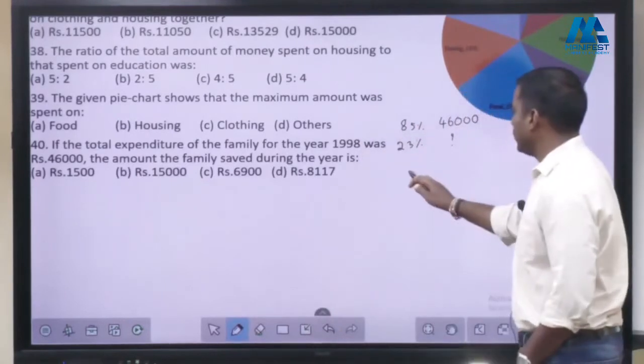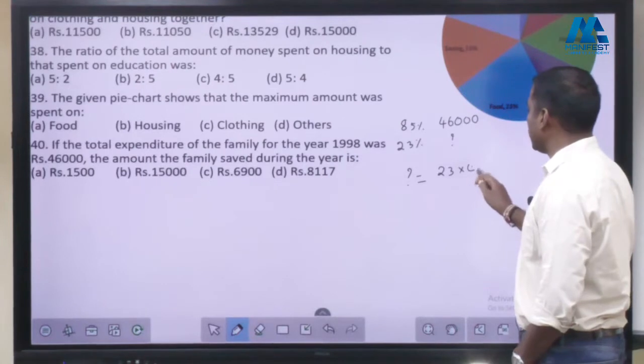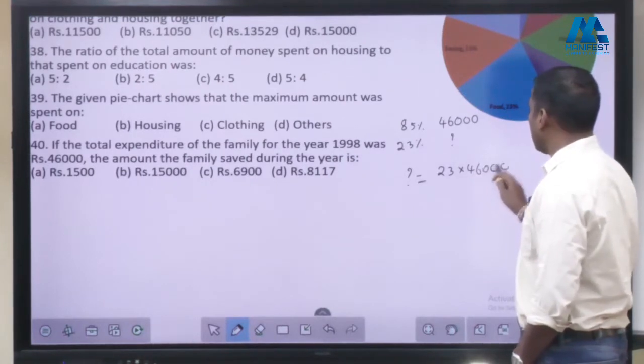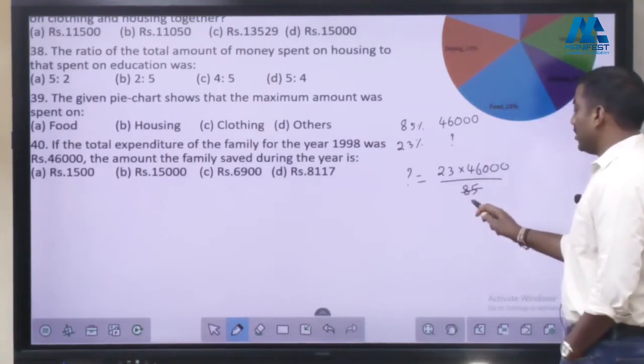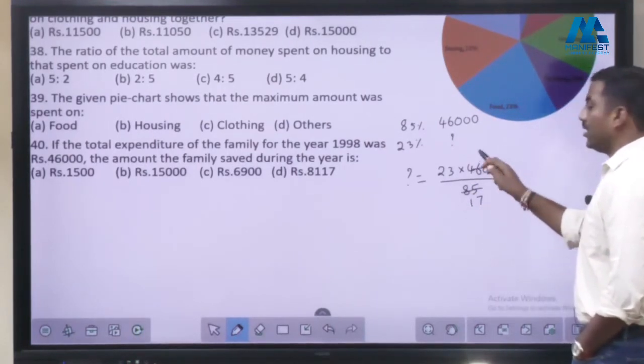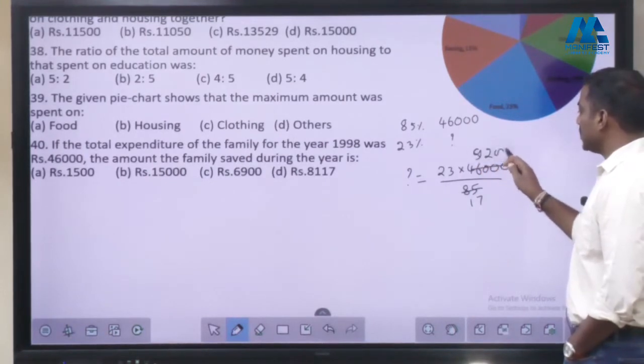So how do you get it? This question mark is 23% into 46,000 divided by 85. 5 17s are 85, and here 5 8s are 40, 5 9s are 45, 5 2s are 10.